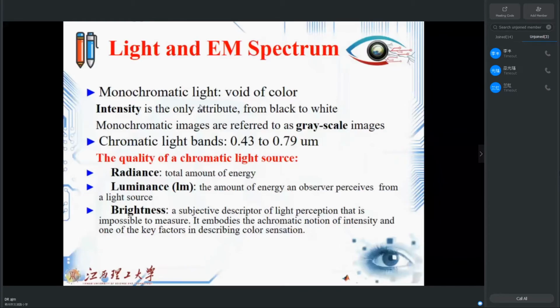It even embodies the achromatic notion of intensity, and is one of the key factors in describing color sensation. Think about these three parameters that I told you: radiance, luminance, and brightness. Further on, we will work with these words, and we have lots of work to do with these parts.